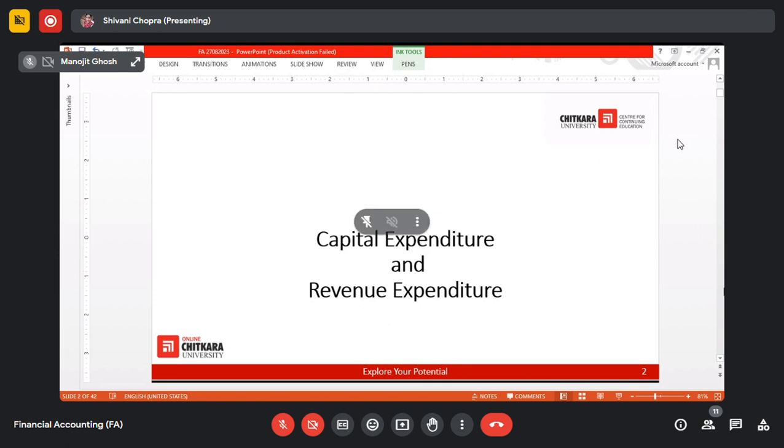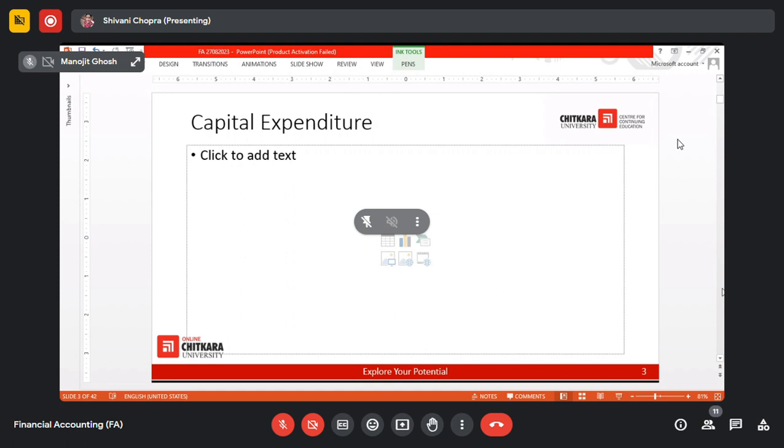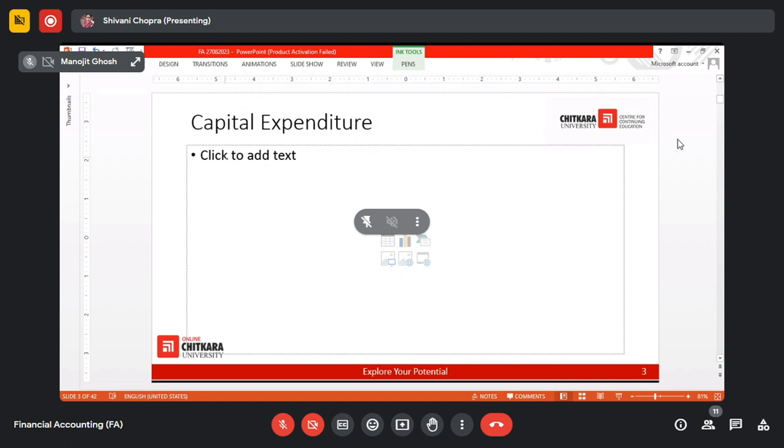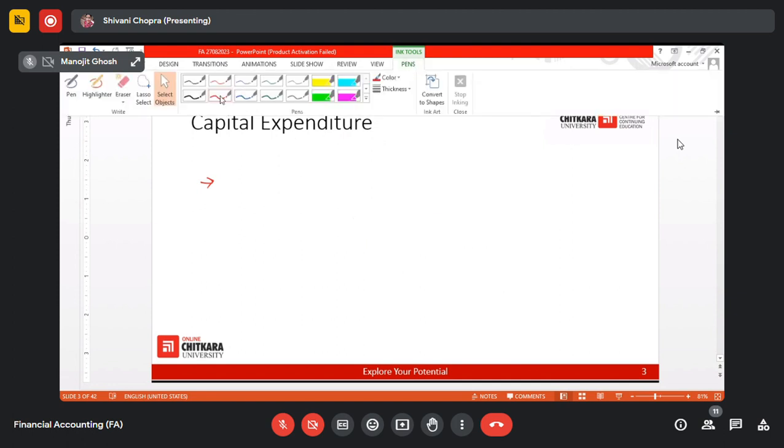Right. So, capital and revenue expenditure. First of all, tell me, what do we mean by capital expenditure? Before I start, you tell me what is the meaning of capital expenditure. Yes, please. What is capital expenditure? It is adding more and more money from the proprietor to the business.